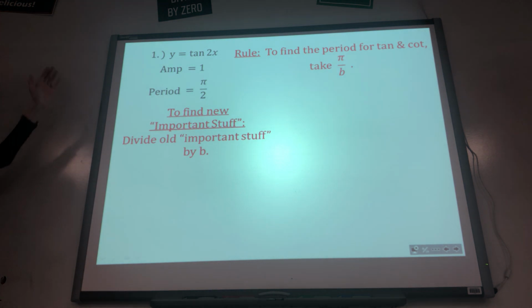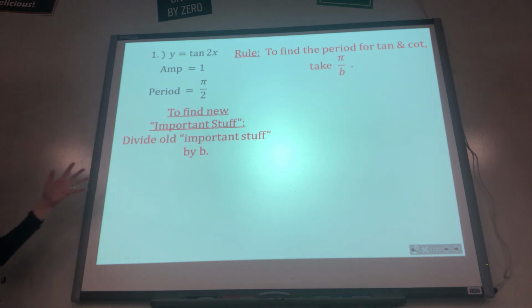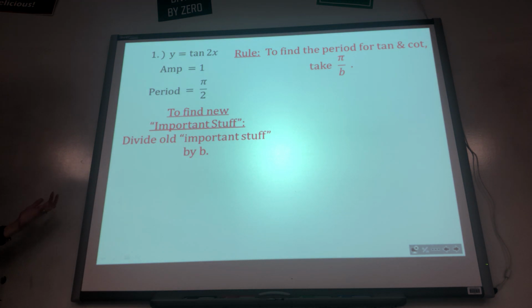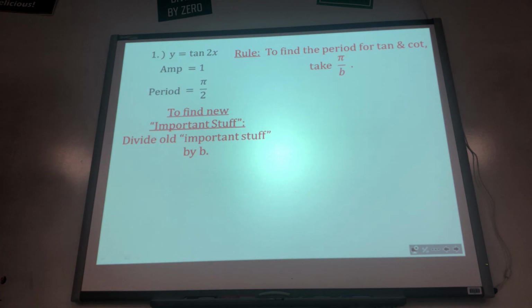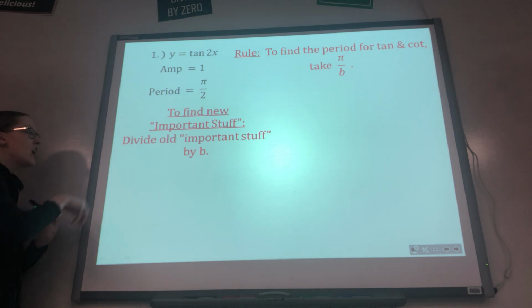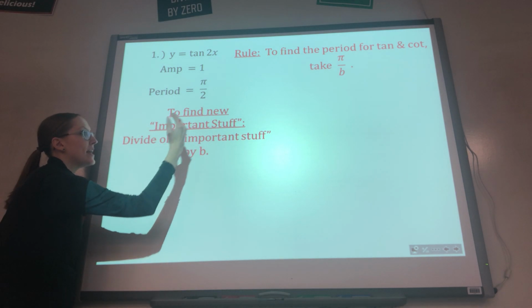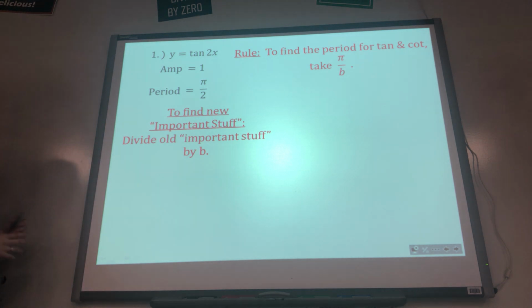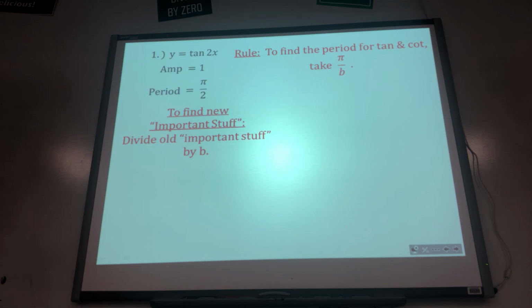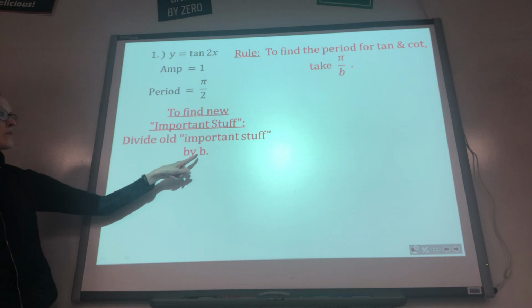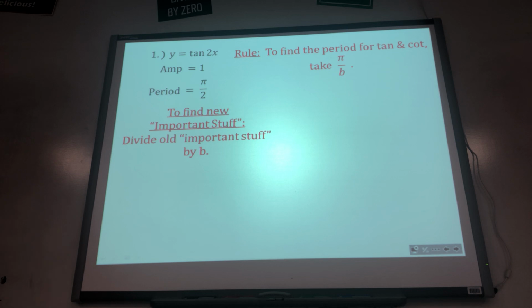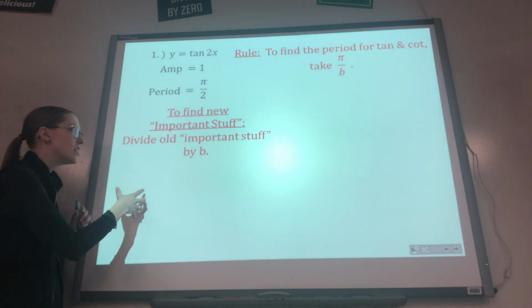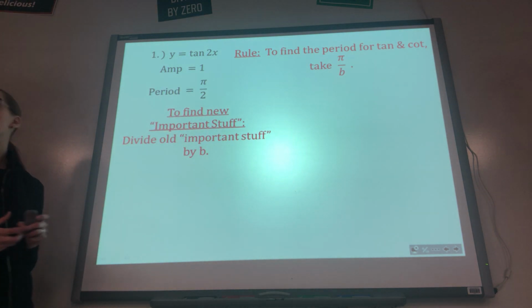Very technical today. The stuff is like your x values, so to find new x values, you want to divide the old x values, or the old important stuff, by b. That's very important. Divide the old important stuff by b. You do that anytime the period has changed from pi to something other than pi.